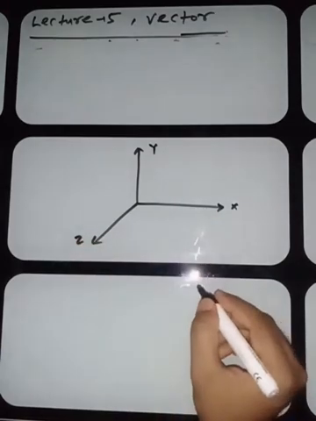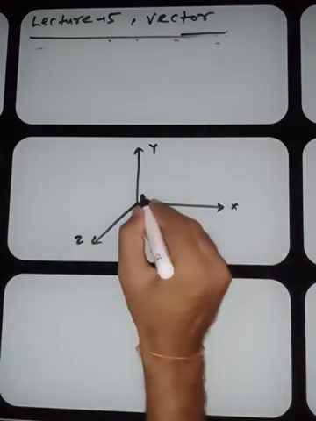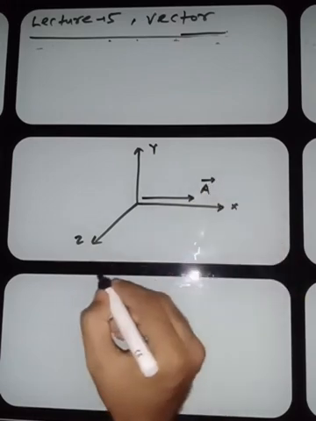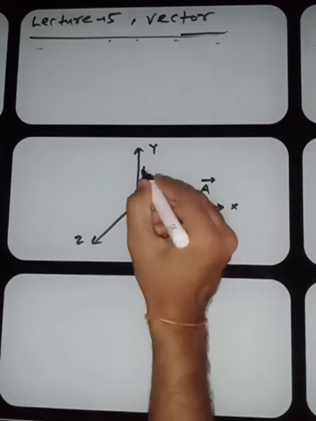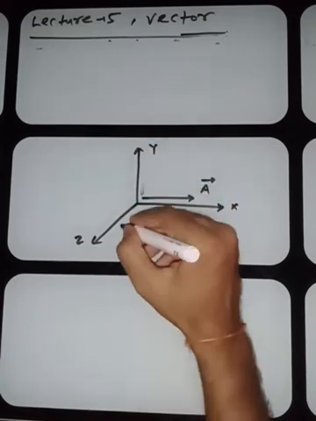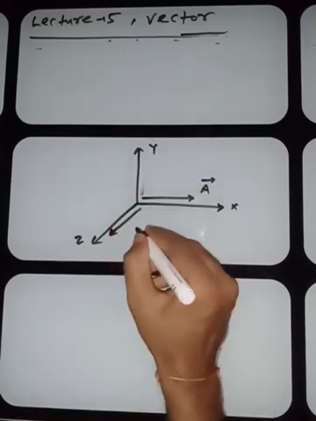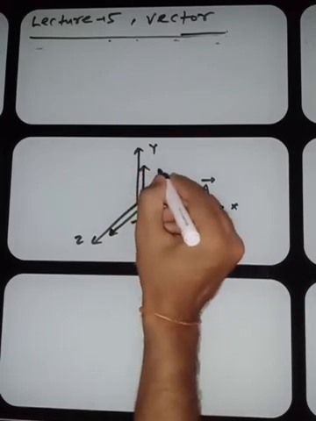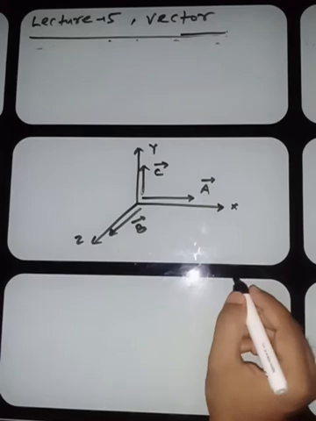Now I keep a vector A along this axis, vector B along this axis, and vector C along this axis.